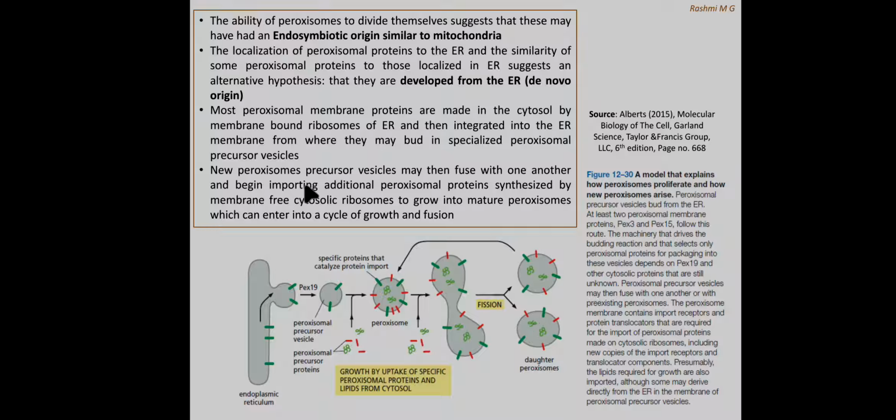These precursor vesicles may then fuse with one another and begin importing additional peroxisomal proteins synthesized by membrane-free cytosolic ribosomes to grow into mature peroxisome. So this image explains how peroxisomes proliferate and bud off from the ER and become a new peroxisome.